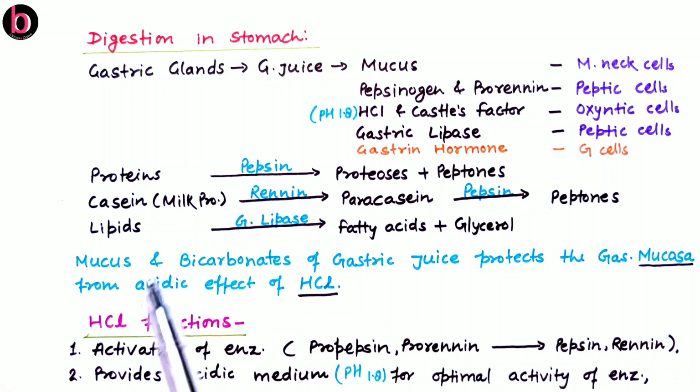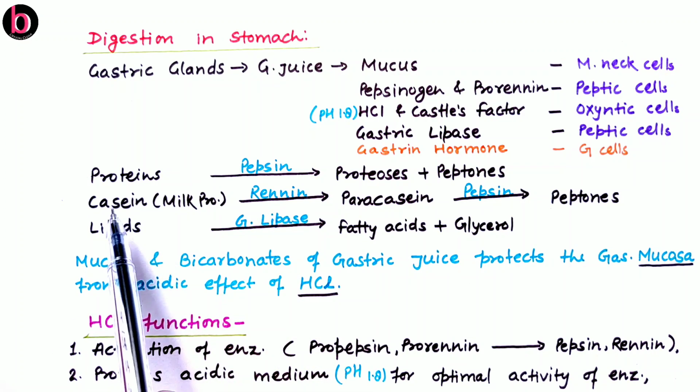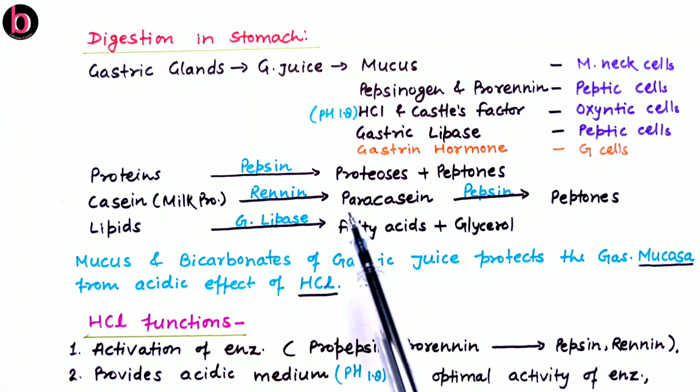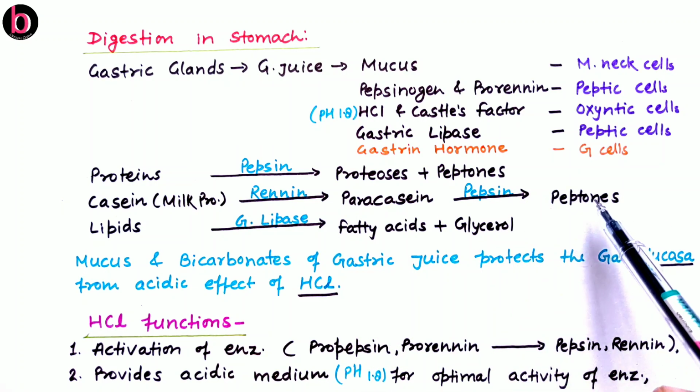Renin secretion occurs only in the young ones, and this is helpful for digestion of milk protein, that is casein, into paracasein. This paracasein is further digested by pepsin into peptones. Proteases and peptones are both smaller proteins.